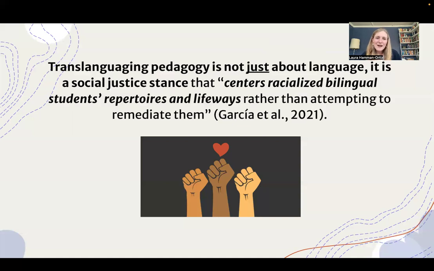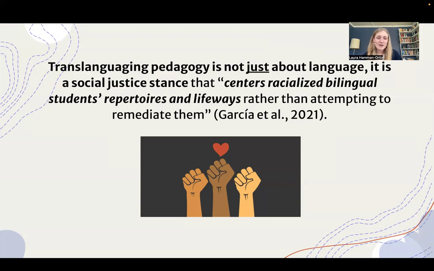And importantly, as we start to think about translanguaging as we move into pedagogy, translanguaging is not just about language, it's a social justice stance that centers racialized bilingual students' repertoires and lifeways rather than attempting to remediate them.